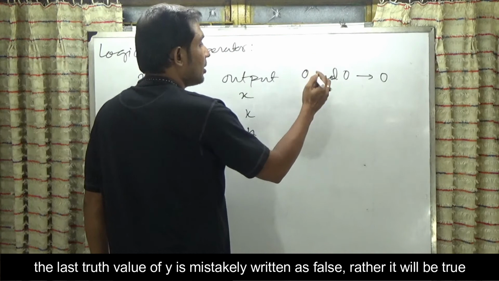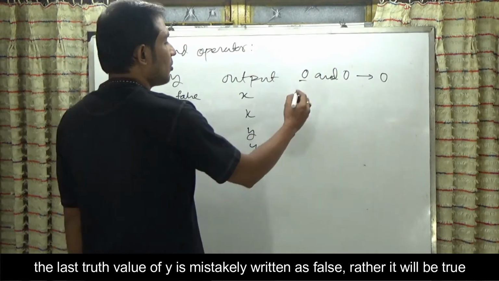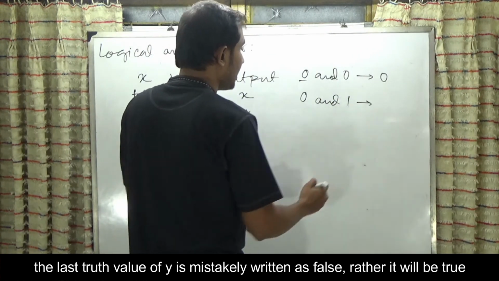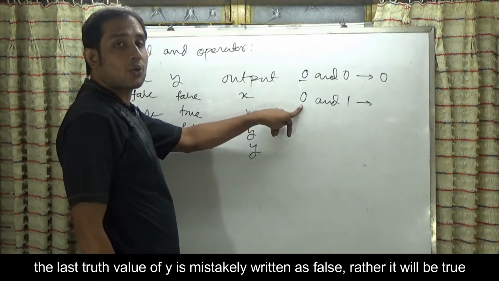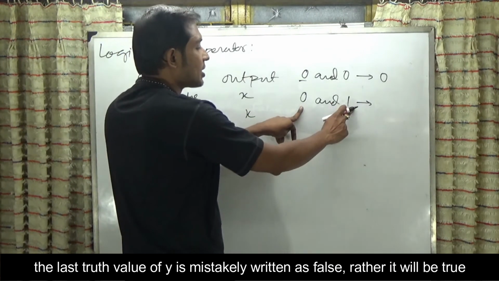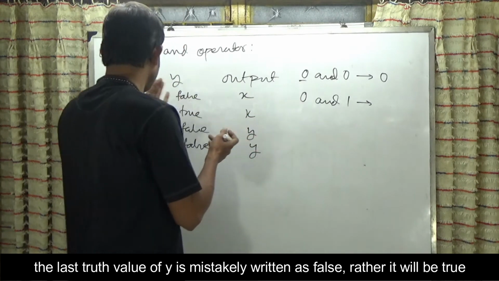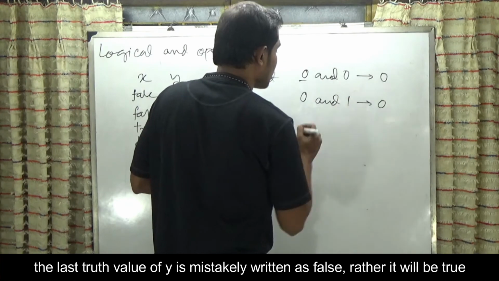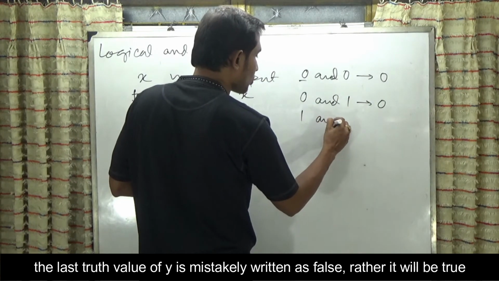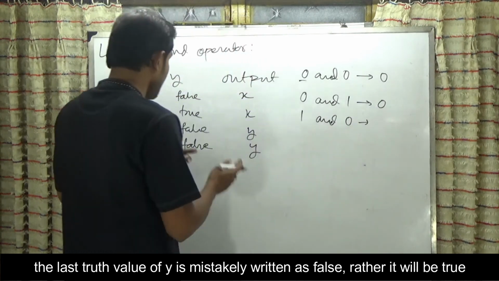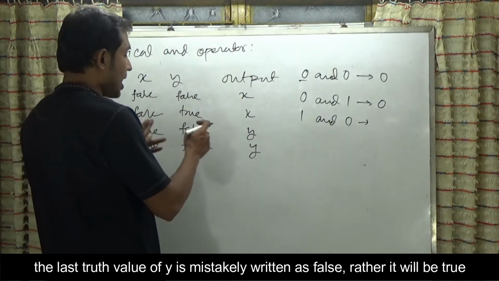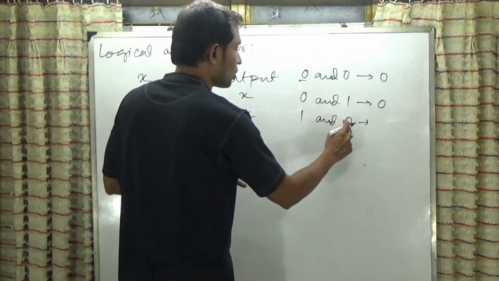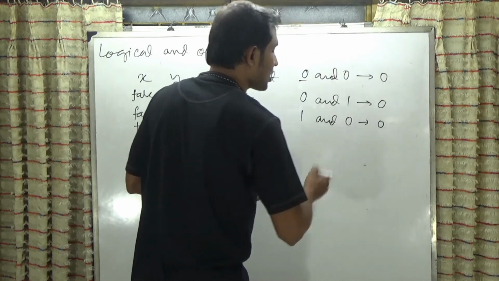Now if I check 0 and 1, the truth value of 0 is false and 1 is true, so the output is x, so 0 is the output. And if I check 1 and 0, the truth value of x is true and the truth value of y is false, so it returns y. The value of y is 0, so it returns 0.